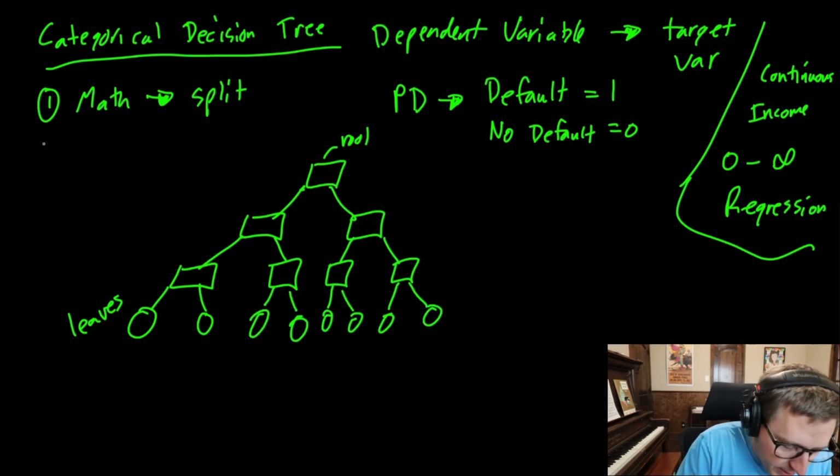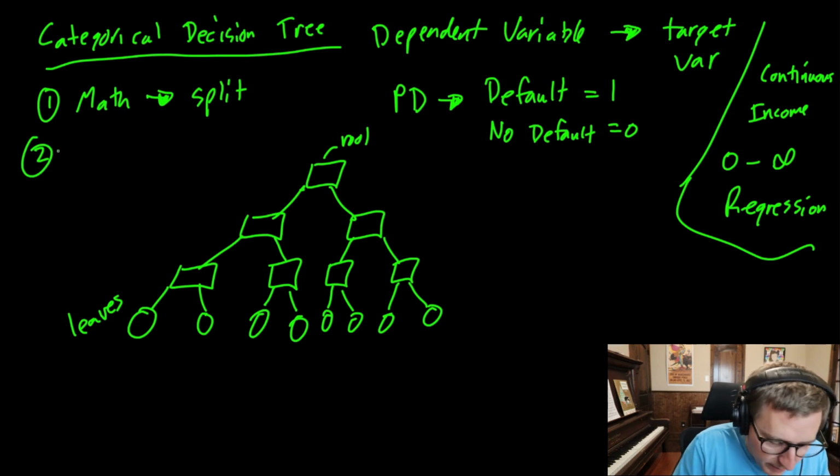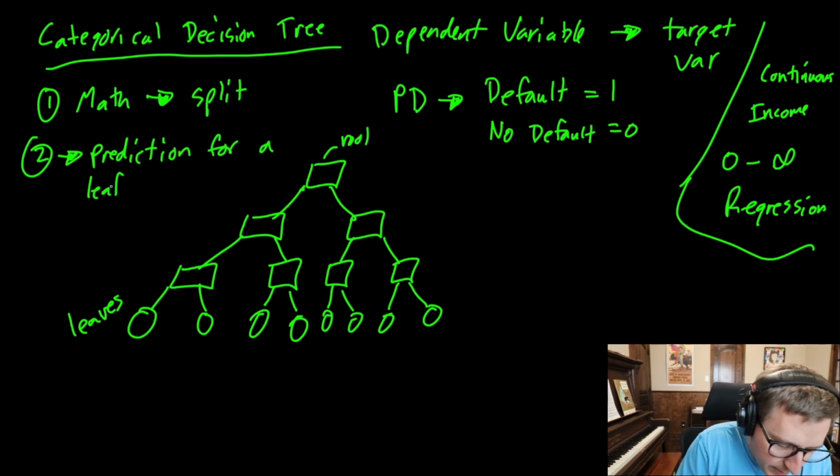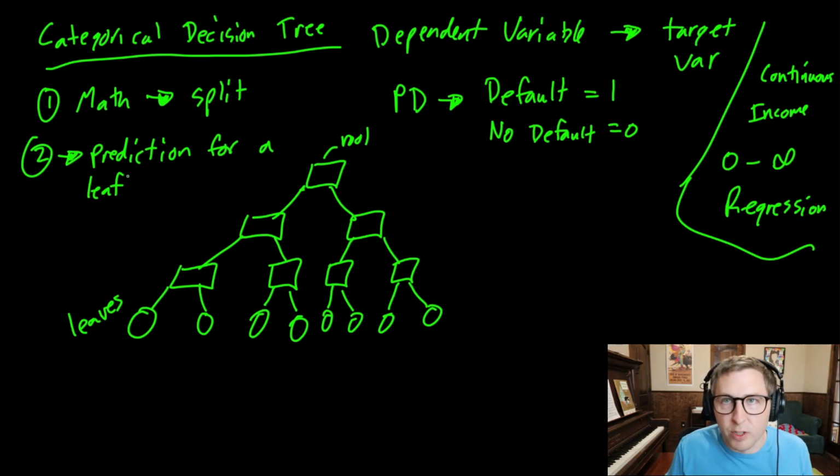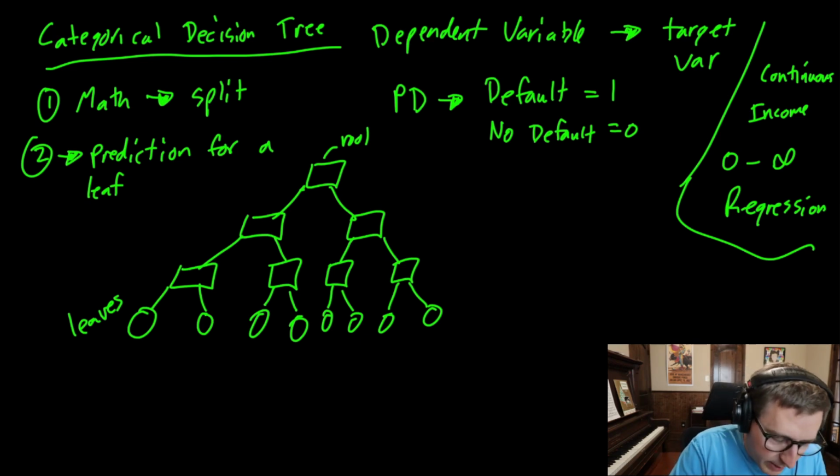And so I'm going to answer the second question actually first, and we'll probably come back to this at the end a little bit. But what is the prediction for a leaf? In our example here, it's just going to be an average. So what we're going to do is take a bunch of data, split it all up based on a bunch of rules, and end up with these leaves down here.